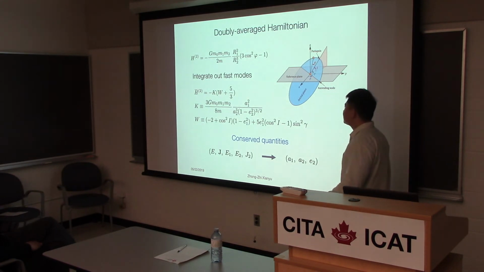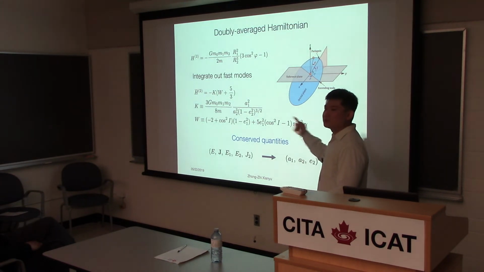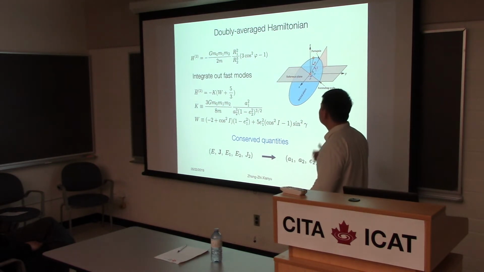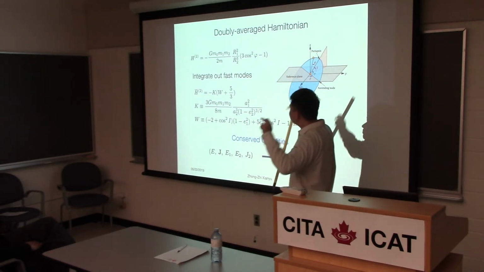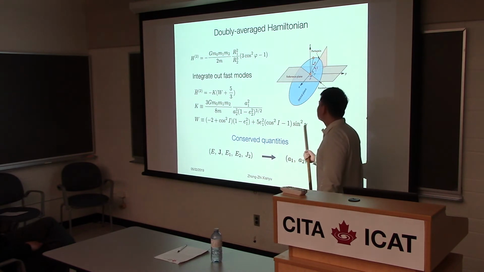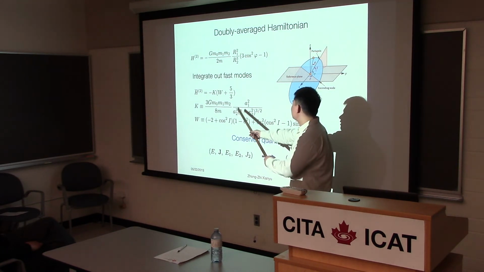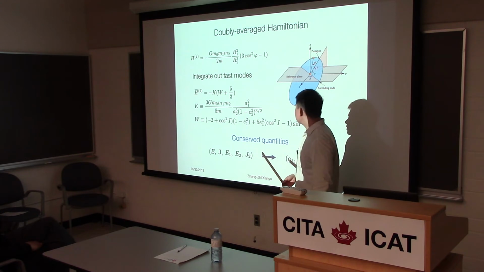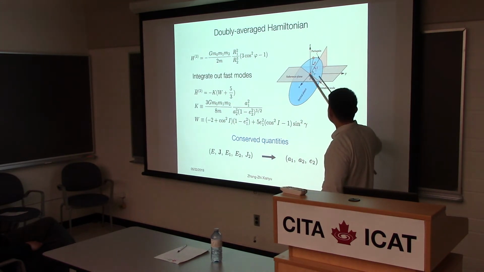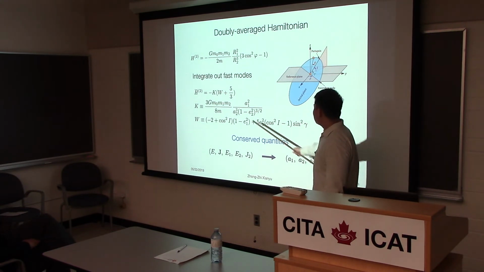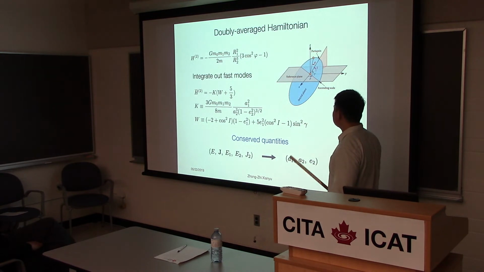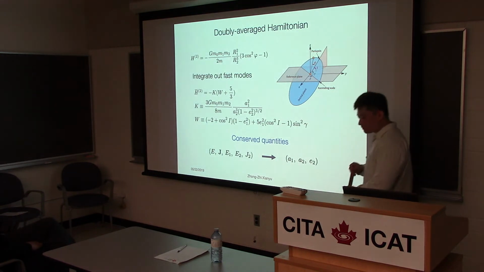So we integrate out the fast motions of the small orbit rotation and large orbit rotation, and we are left with a so-called low energy Hamiltonian described purely by geometric quantities. Here you don't have to care about k, which is a constant. And W here is made of the inclination angle between the small orbit and the large orbit, the eccentricity of the small orbit, and also the position of the periapsis of the small orbit.